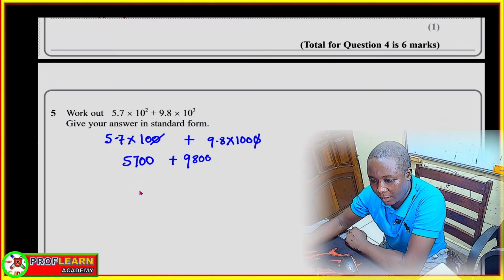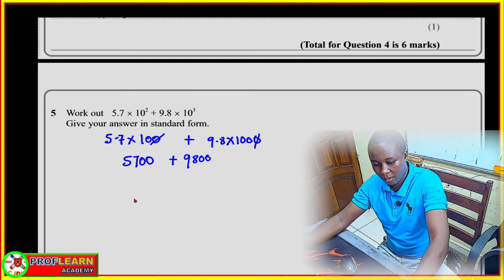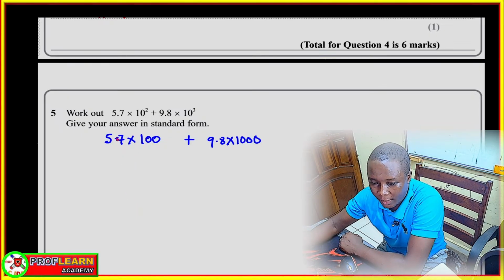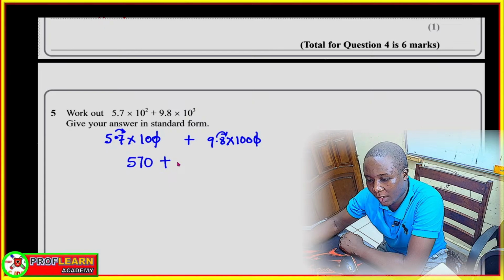So we need to add, let me just correct that. This decimal point moving to this side for us to have 57, we will cancel 1 0, so we shall have 570. Plus, moving this one step backwards so that we have 98, we shall cancel 1 0, so we shall have 9800.